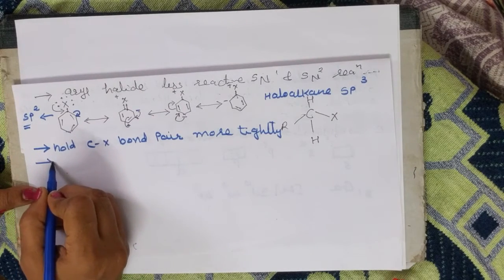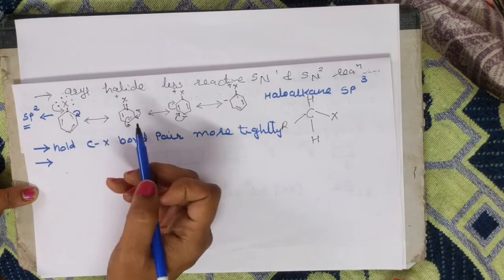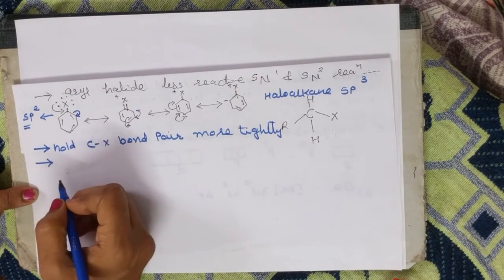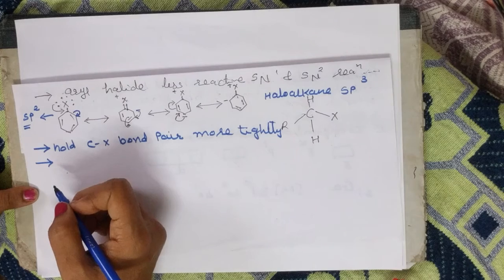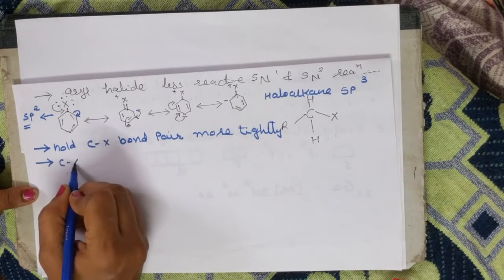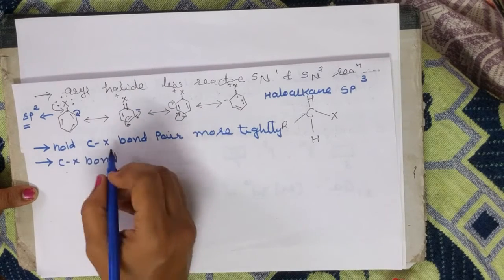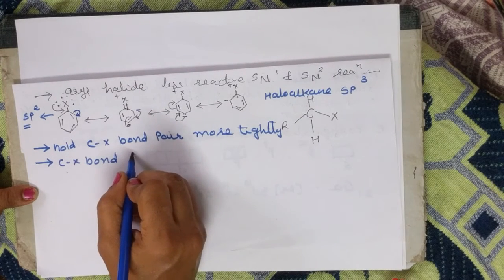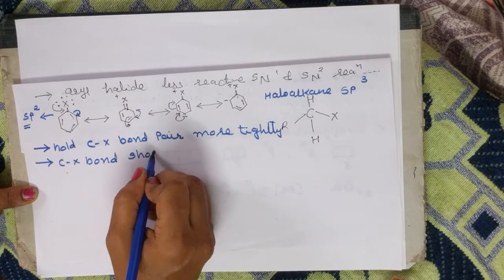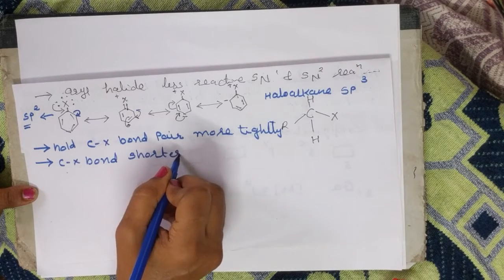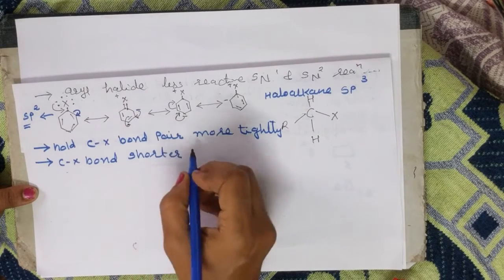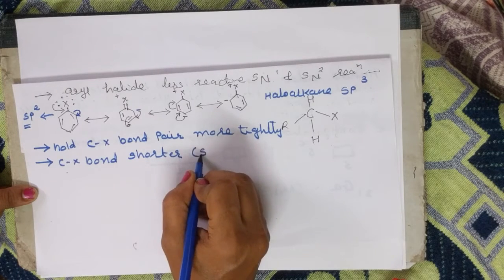The second reason for aryl halide being less reactive in substitution reaction: here the CX bond in sp2 is shorter, and that's why it is stronger.